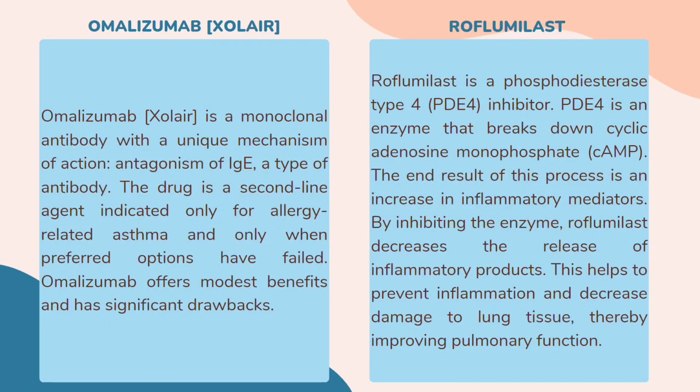The end result of this process is an increase in inflammatory mediators. By inhibiting the enzyme, roflumilast decreases the release of inflammatory products. This helps to prevent inflammation and decrease damage to lung tissue, thereby improving pulmonary function.